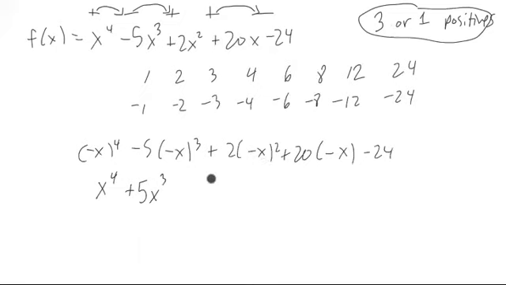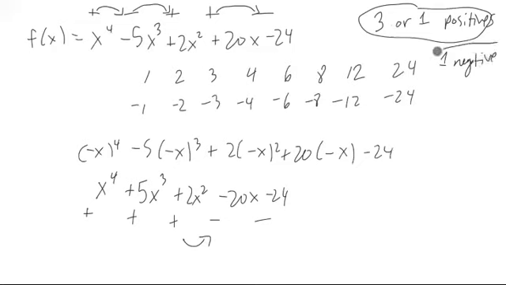Over here, that'll just be a positive. Over here, we'll have a negative 20x minus 24. Notice that as we read from left to right, there's only one sign change. So we know for sure there's 1 negative. Okay, we've got to keep both parts of the list.